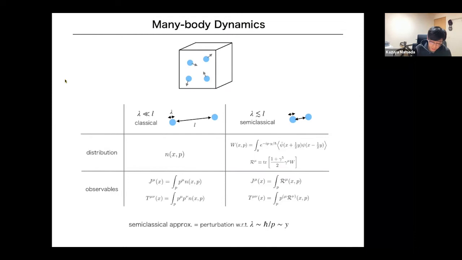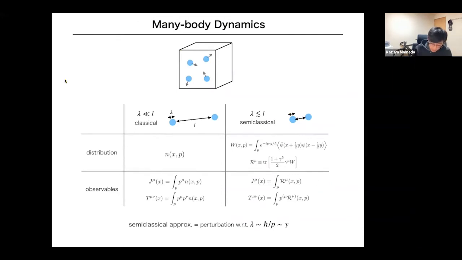And by using this Wigner function, W or R mu, we can evaluate observables like J mu and T mu like this. So in the following part, we calculate this quantity.